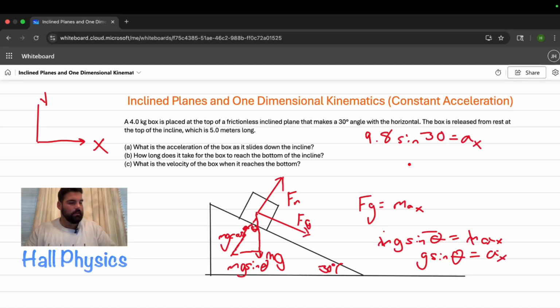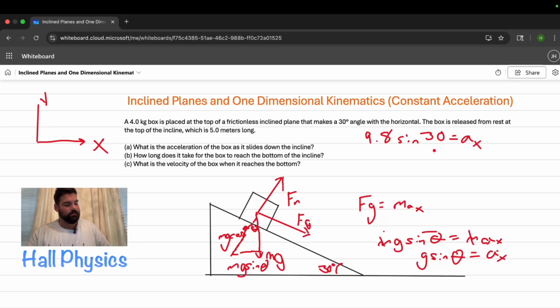All right, our accelerations are going to end up being 9.8 times sine of 30.